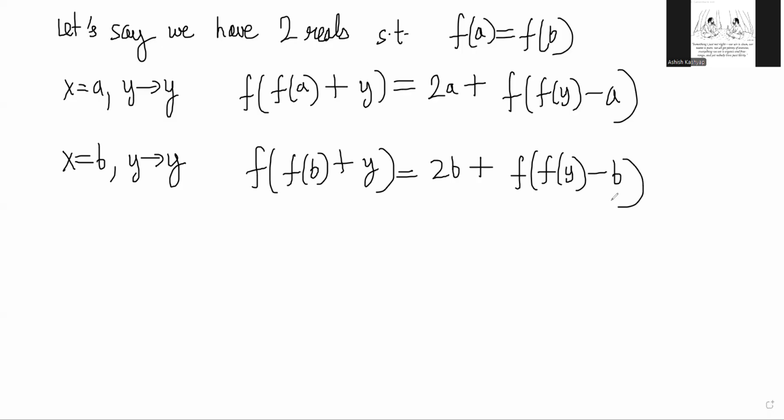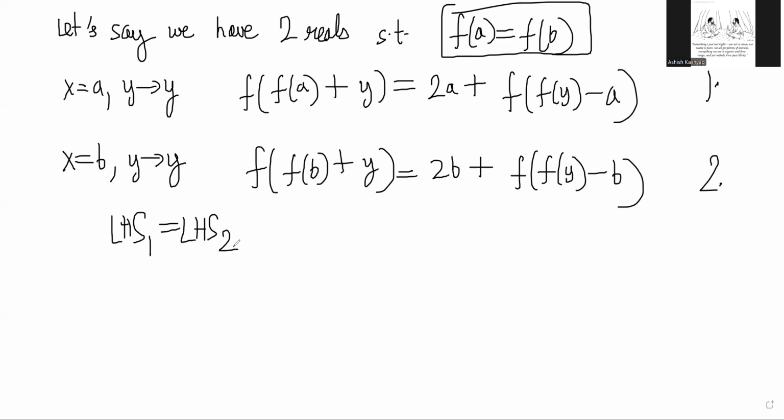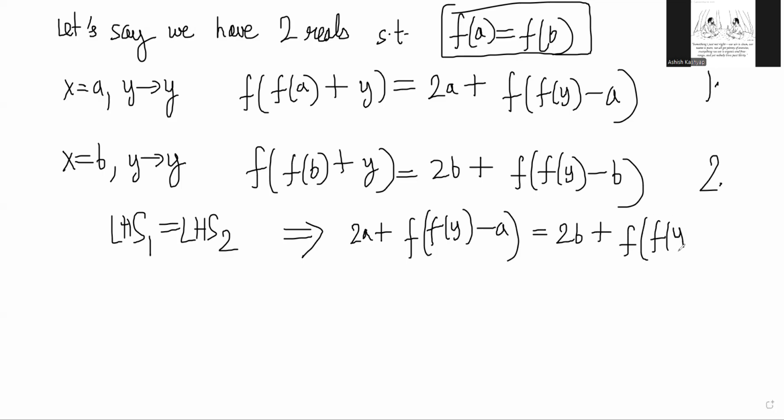So now you can see that because we have said that f of a is equal to f of b, that automatically means that the LHS of 1, this is 1, this is 2, is equal to the LHS of 2, which implies that we are getting 2a plus f of y minus a is equal to 2b plus f of y minus b, right? So this is the condition that we have achieved so far.